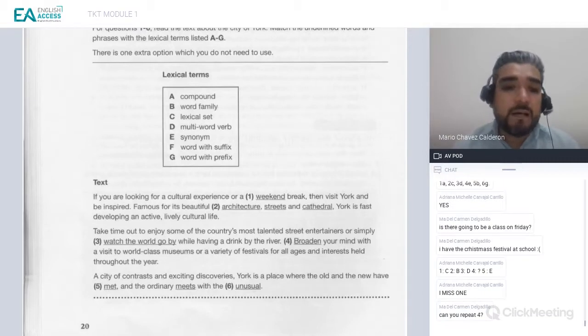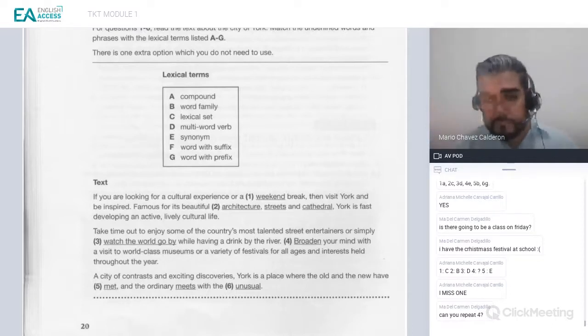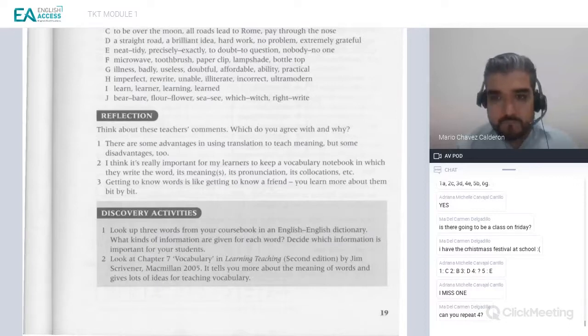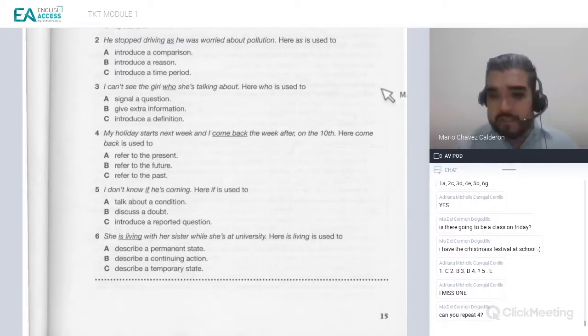So I repeat, number 1 was A, number 2 was C, number 3 was D, number 4 was F, number 5 was B, and number 6 was G. Okay? Okay, ladies?